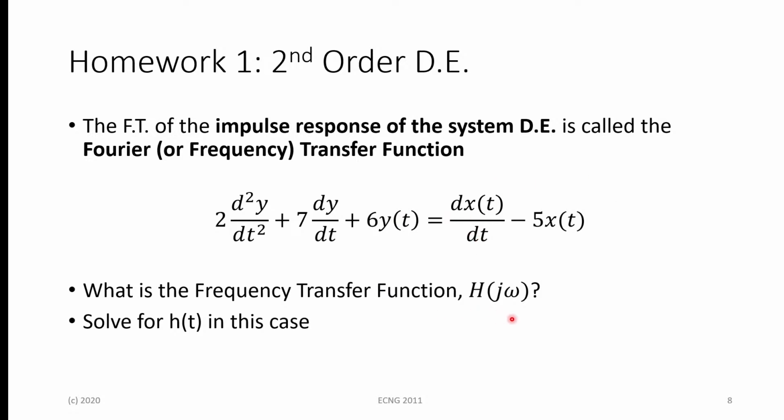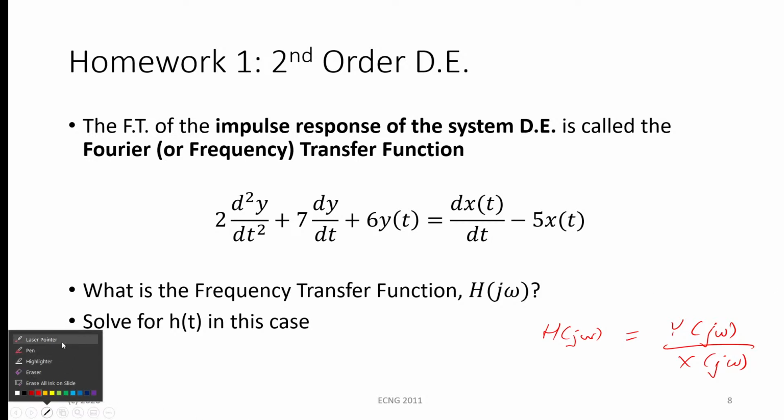The frequency transfer function H(jω), remember, is going to be Y(jω) divided by X(jω). I'm writing that down for you. So H(jω) is basically going to be Y(jω) divided by X(jω).